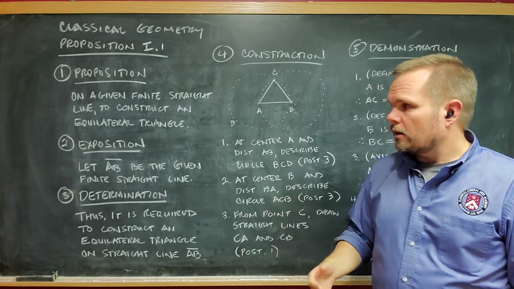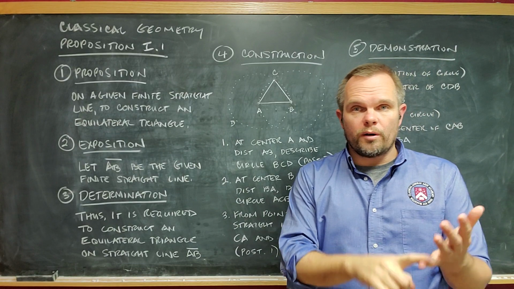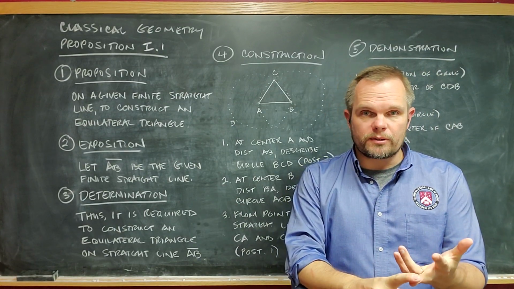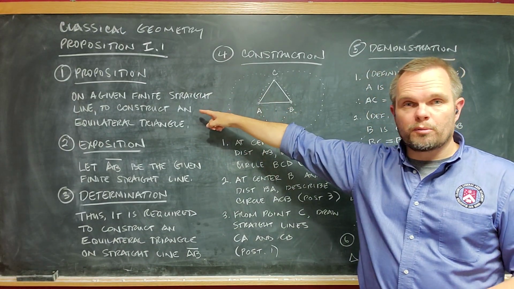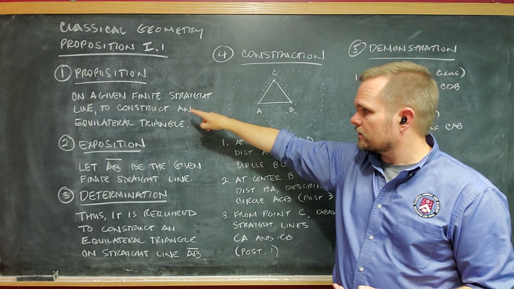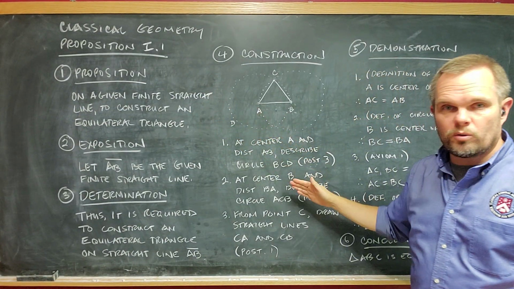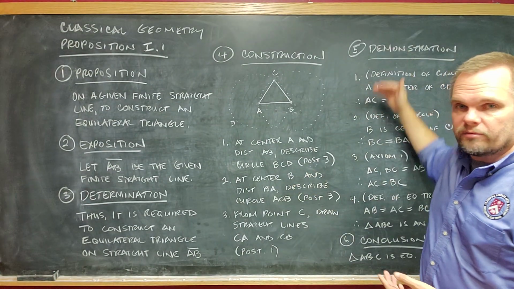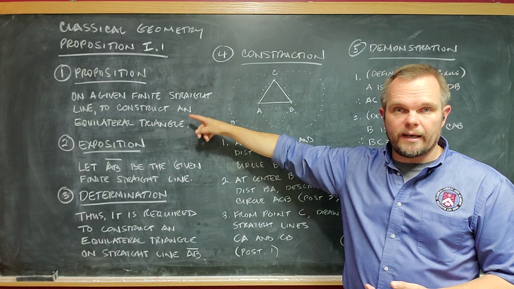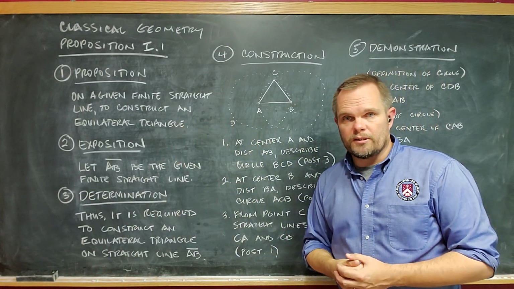So now, after we complete proposition 1, we have all the definitions, the postulates, the axioms, and we've added proposition 1 to our geometry toolbox, because we can now use it, since we've shown that it can be done and we've demonstrated it. So now this is an additional element for us to use in future propositions.